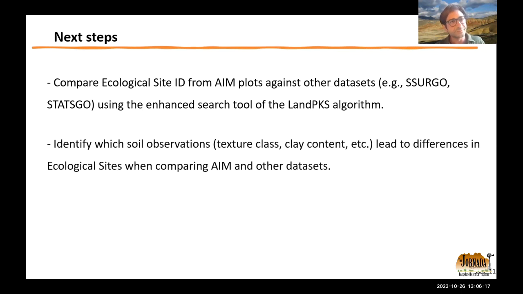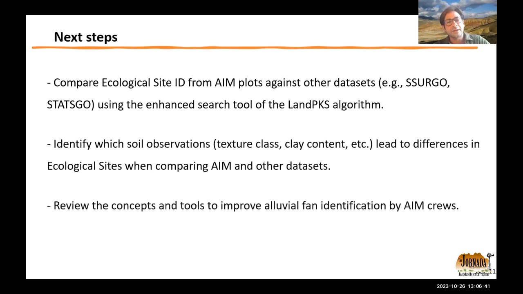The other thing is to identify which soil observations, so texture class, clay content, rock fragment volume, the depth of the soil profile, which one is affecting the most the ecological site identification, in terms of which soil observations have high uncertainties that influence the identification of ecological sites in the AIM datasets. And lastly, I'm reviewing concepts and tools to improve the identification of landscape types, specifically alluvial fan, that we saw a need to improve.